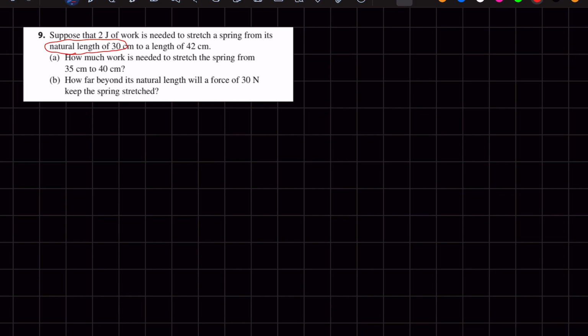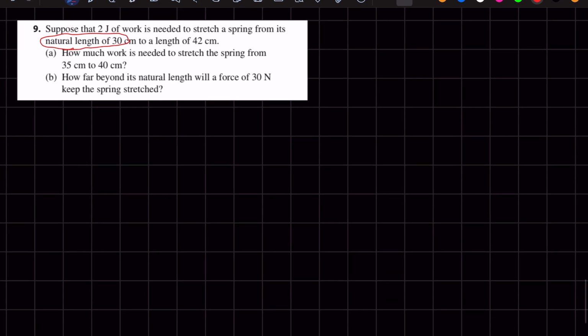So what we have to do is figure out the function. We know that work is equal to the integral of a force function, dx, from a to b. And when we're talking about a spring, this force function is kx.